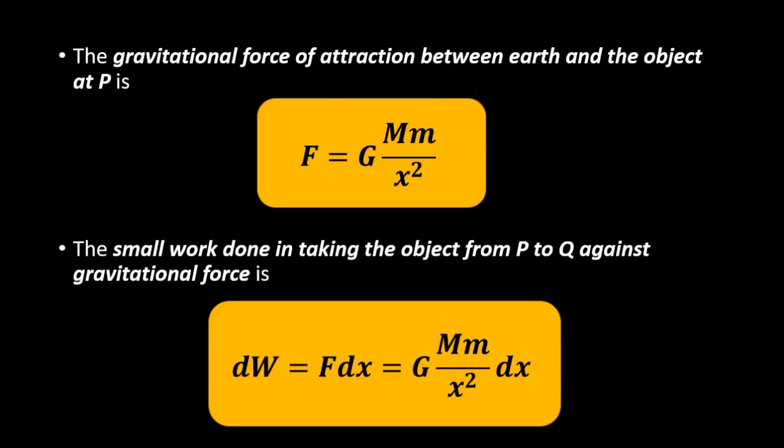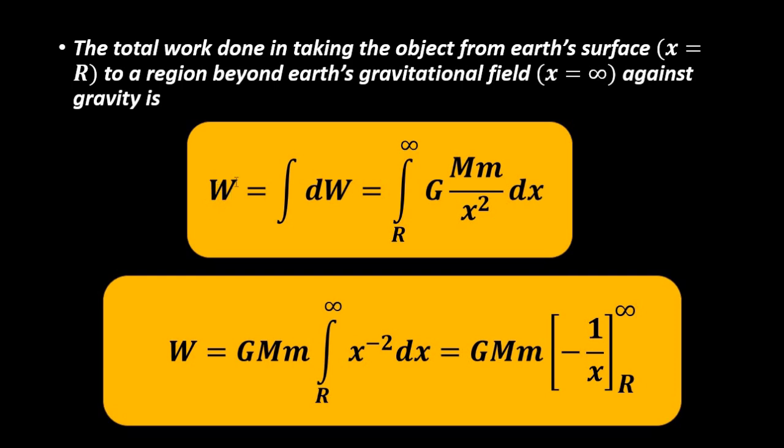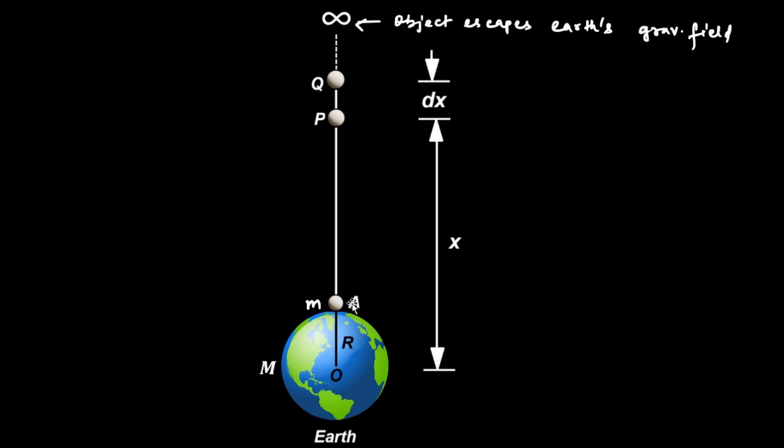Now if we apply this to find the total work done in lifting the object from point A to a very far away distance from the surface of the Earth, let's say infinity, which is outside Earth's gravitational field, then that will be equal to the total work W in lifting the object from Earth's surface, that is from point A to infinity.